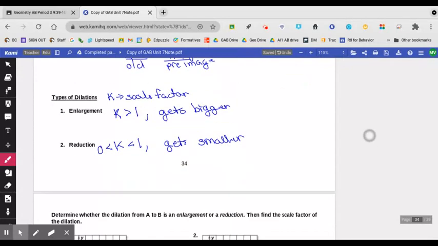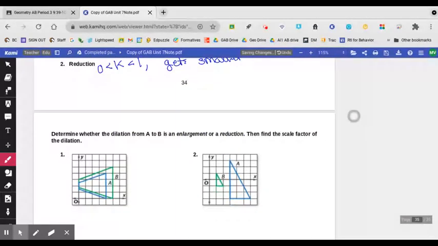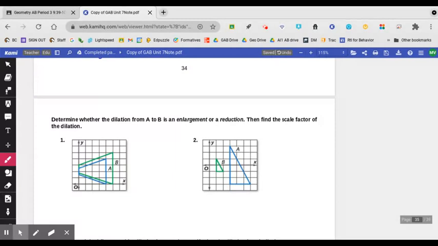So determine whether the dilation from A to B is an enlargement or a reduction. A is our blue image and B is our green image. So for number 1, from A to B, it's an enlargement. And then to find our scale factor, I choose corresponding sides.